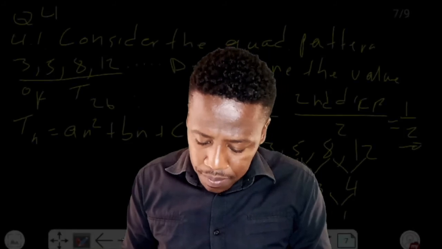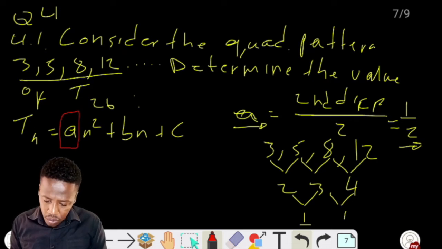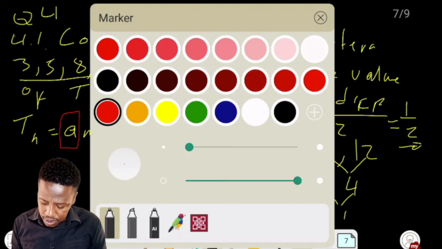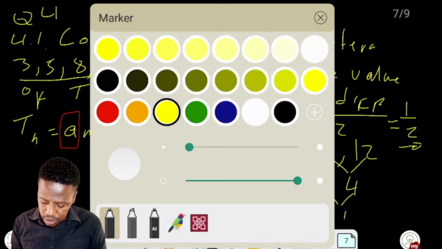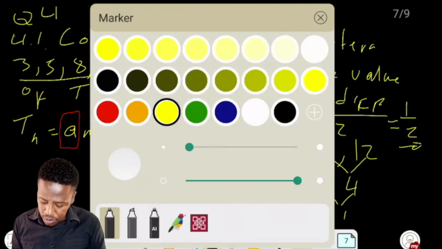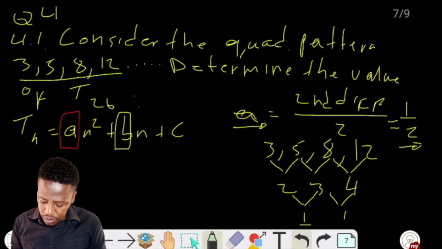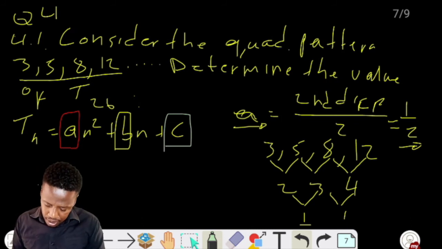Now we have determined our a. Then we have this b that is unknown, and then we have the c, which is unknown.